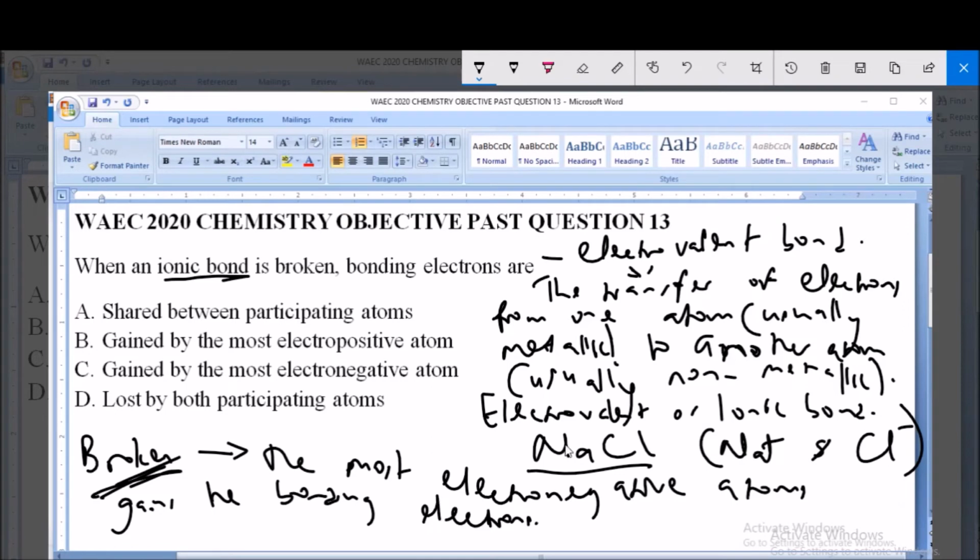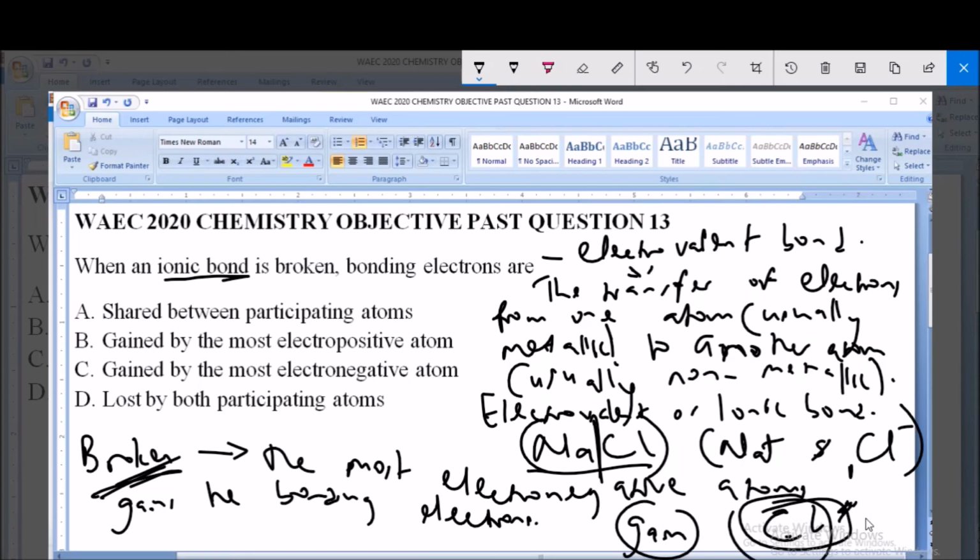So for example, you have sodium chloride, the bonds between these two broken. What we have just said is that the most electronegative atom, which in this case is chloride, which is more electronegative, will gain the free electron. So the free electron, which is just one electron from sodium, will be gained by chloride, the chloride ion, or the most electronegative atom, which is the chlorine atom, and it will achieve stability.